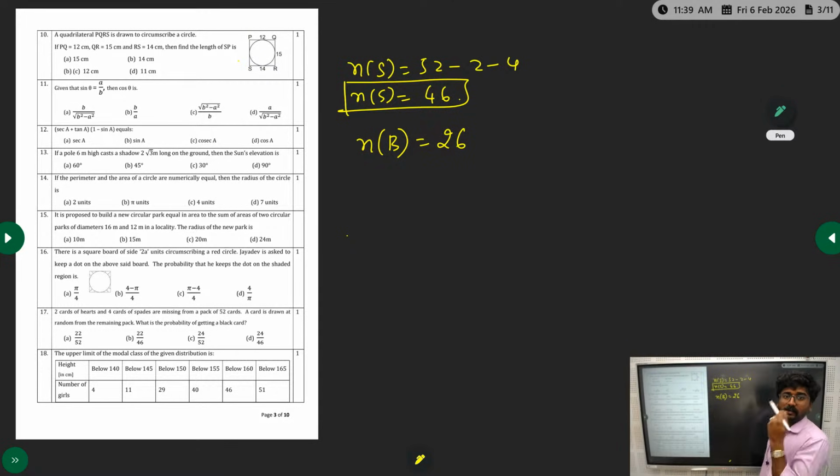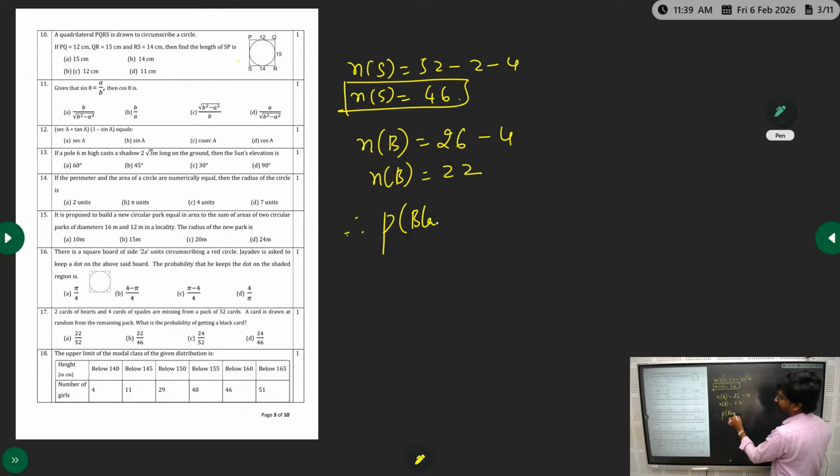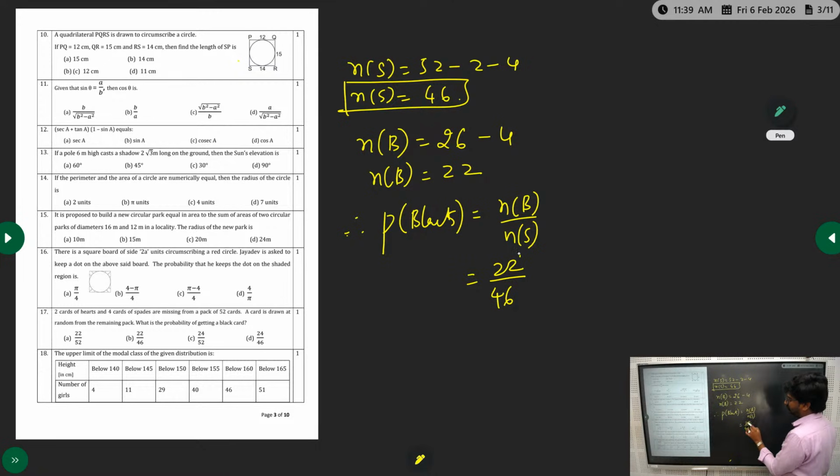In that, 4 spades are removed, minus 4. n(B) is equal to how much? 22. Therefore, probability of getting a black card is n(B) by n(S), 22 by 46. Direct answer 22 by 46. Simplified answer 11 by 23.